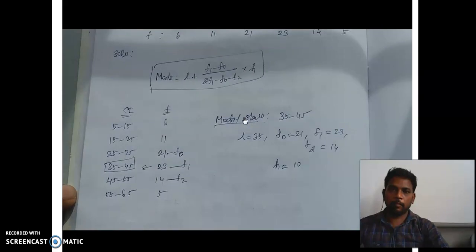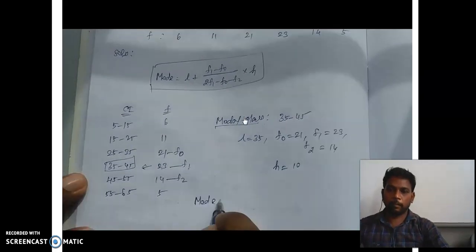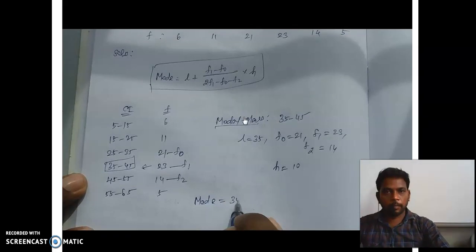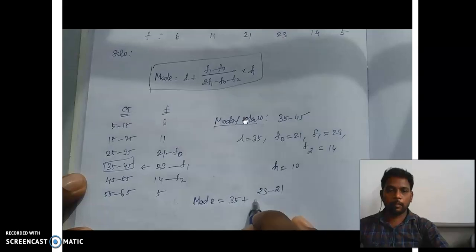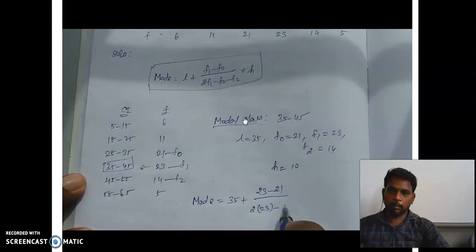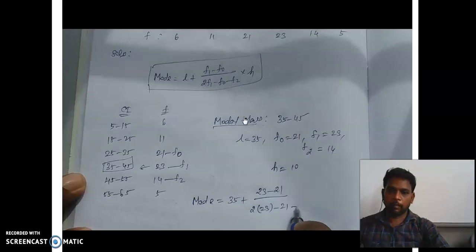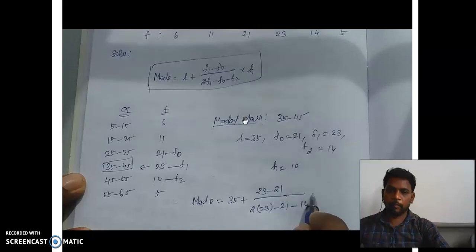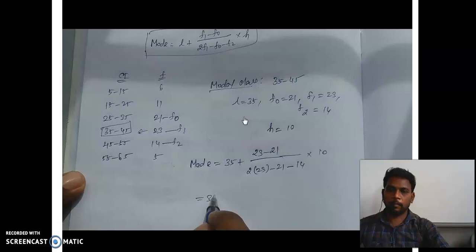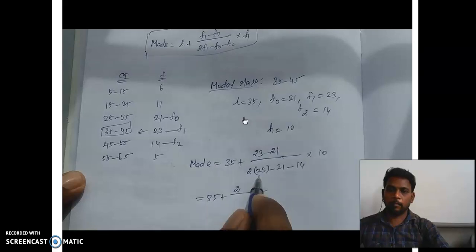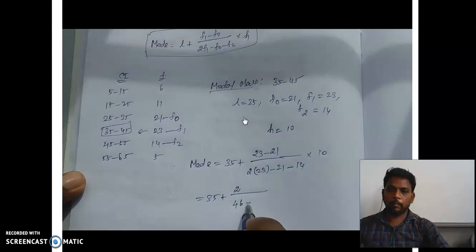Now we are going to substitute in the formula. Mode equals L value 35 plus (F1 value 23 minus F0 value 21) divided by (2 into F1 value 23 minus F0 value 21 minus F2 value 14), into H value 10. So equals 35 plus 2 divided by (46 minus 35), into 10.